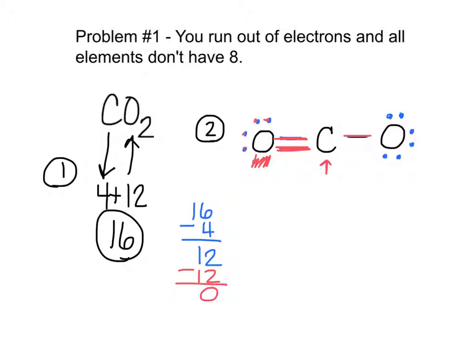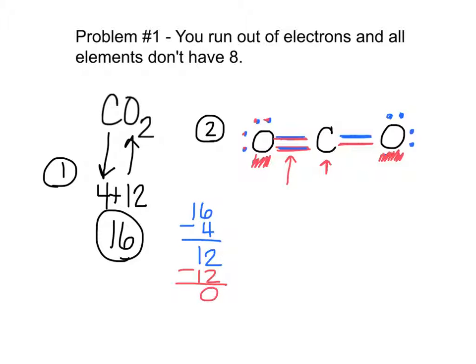But because this pair is now shared with the carbon, our carbon now has 6. It's up to 6, right? 2, 4, 6. So we can do the same thing with the other oxygen. Come over here, do that, and now make a double bond on this side. This oxygen still has 8 because it just changed a pair from being its own to being shared.